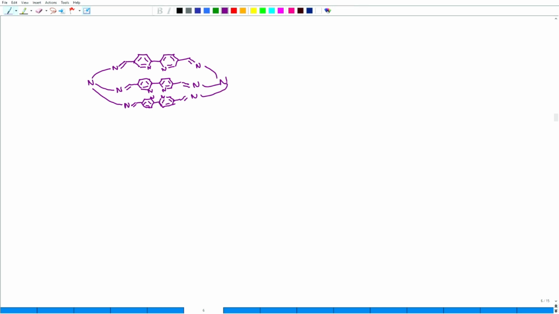So, this tris phenanthroline derivative can put 3 silvers, one silver here, another silver here and third silver here. So, 3 metal ions can be put inside and more than 3 are not known yet.